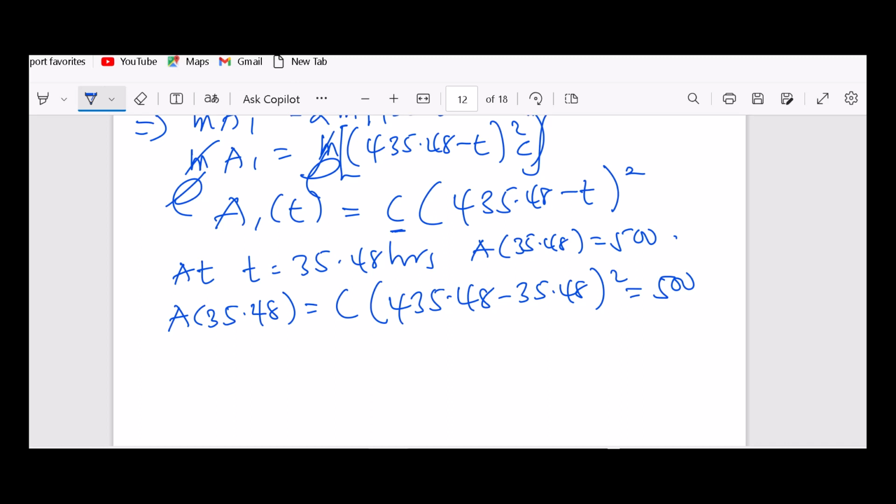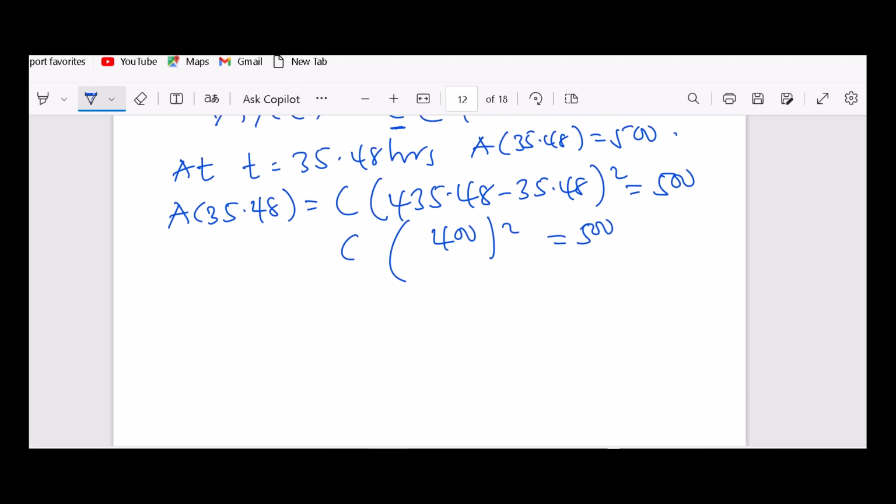And so if we do this, we get C into brackets 400 squared equals 500, and so C will be equal to 500 over 400 squared.